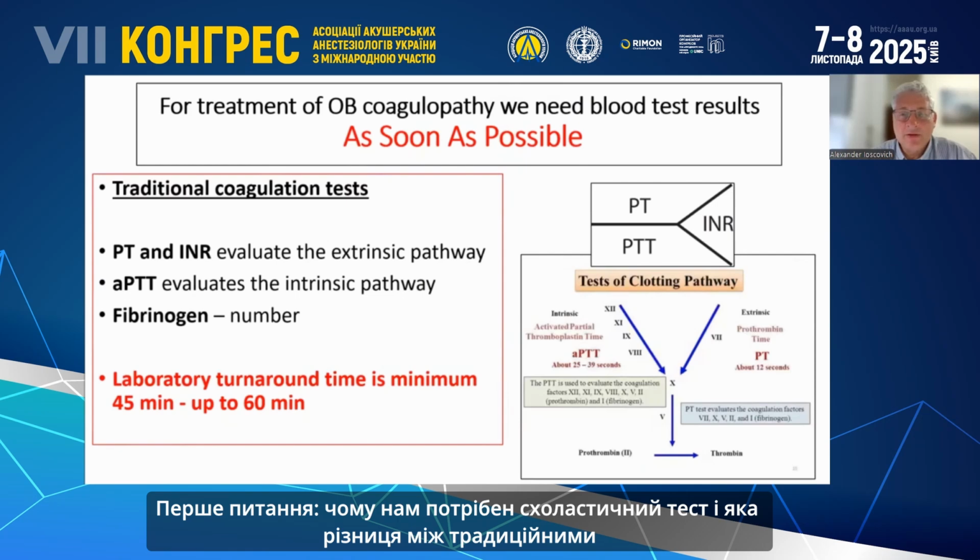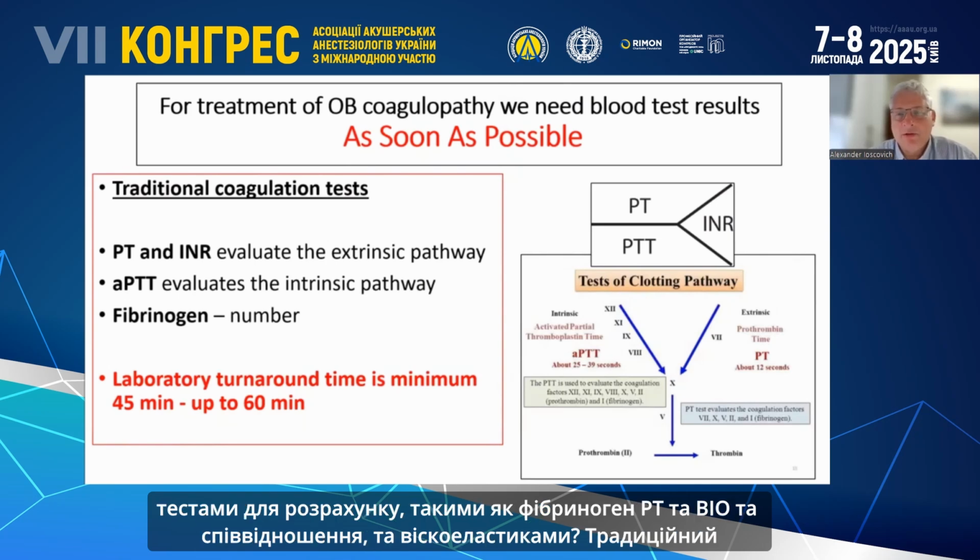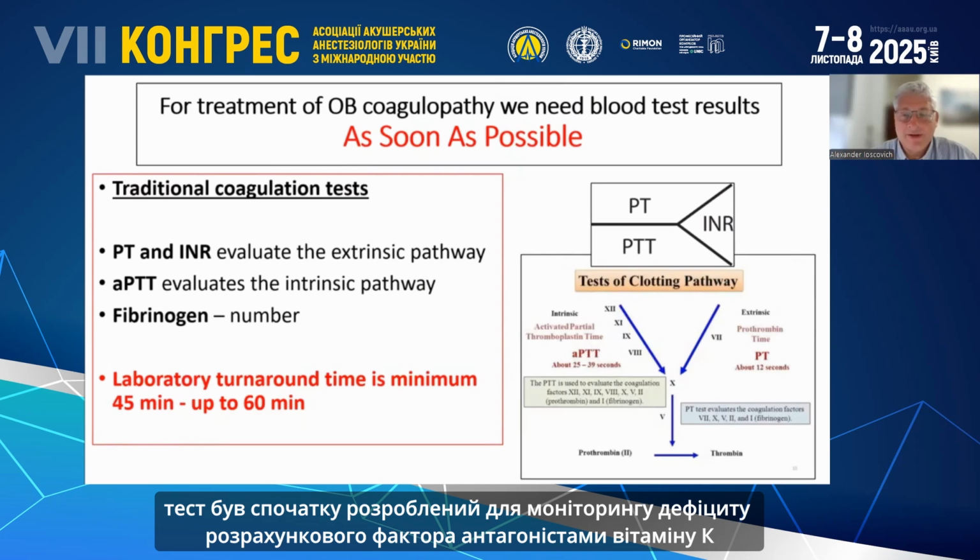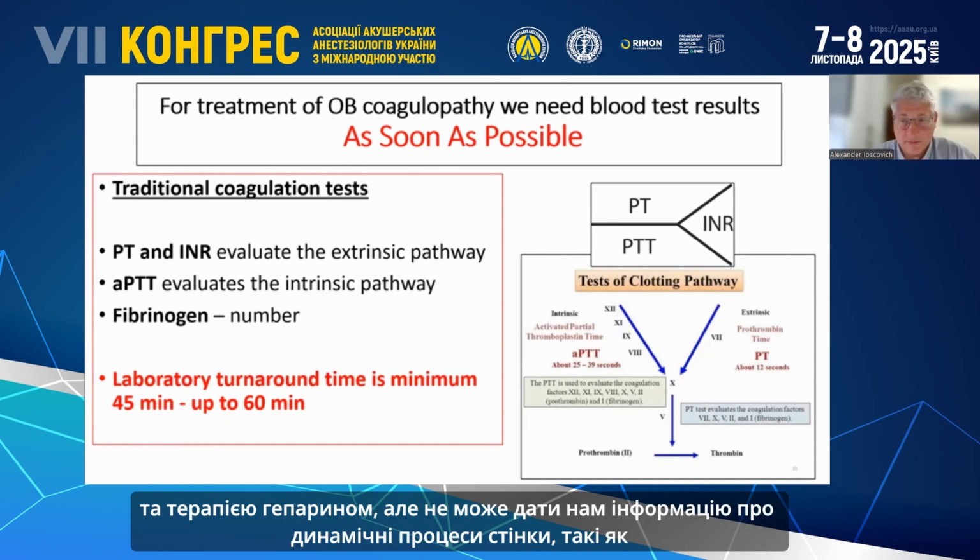The first question: why do we need viscoelastic tests, and what is the difference between traditional coagulation tests like fibrinogen, PT, PTT, and ratio versus viscoelastic tests? Traditional tests were originally designed to monitor coagulation factor deficiency, vitamin K antagonists, and heparin therapy.